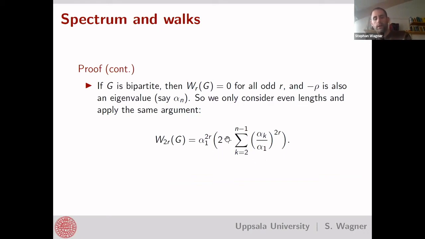I've got a 2 here now instead of a 1, because there is now the alpha 1 divided by alpha 1, but also the minus alpha 1 divided by alpha 1, which gives me another 1 here. But all these go to 0, so the bracket goes to 2. And if I take the 2rth root here, then this part will go to alpha 1, and here I'm taking the 2rth root of something that goes to 2, so eventually that will converge to 1. And I'm done as well.